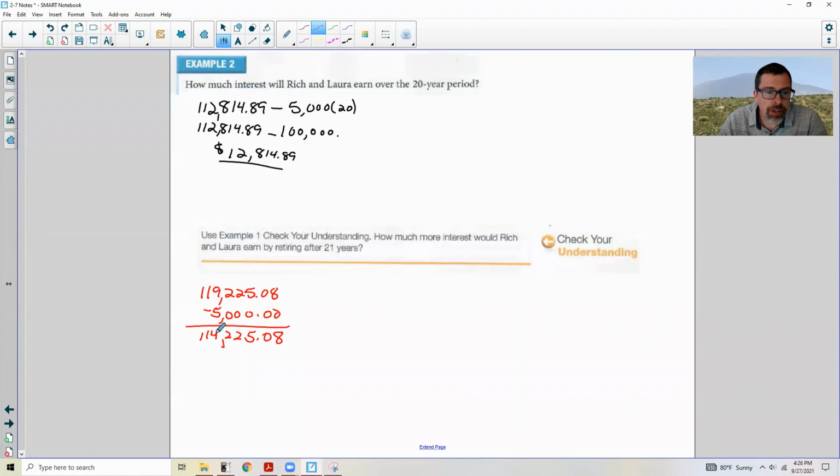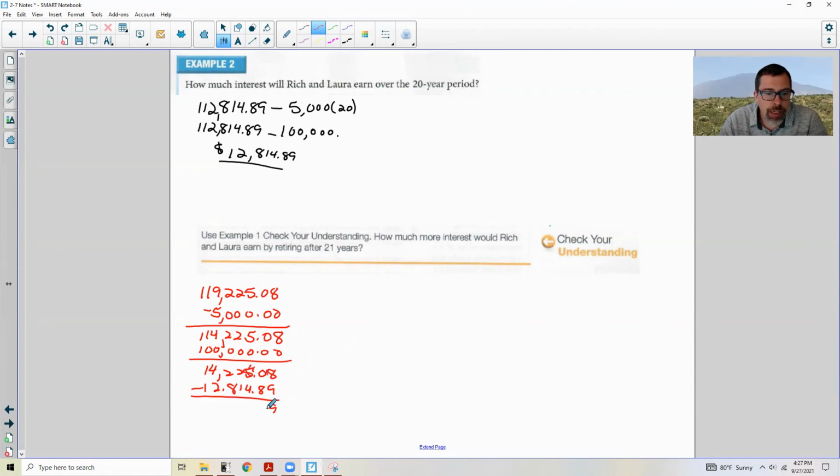So subtracting that other 100,000 that we didn't subtract yet. Okay, so it should be 105,000 I subtracted, but that would have given us $14,225.08. Subtract the 12,814.89 from the 20 years, and the difference here would be what we're looking at.